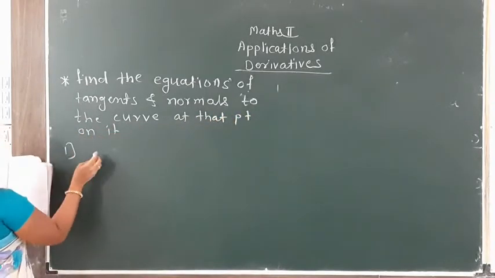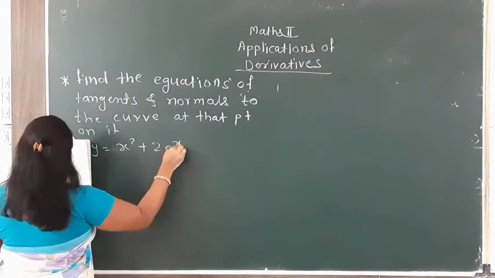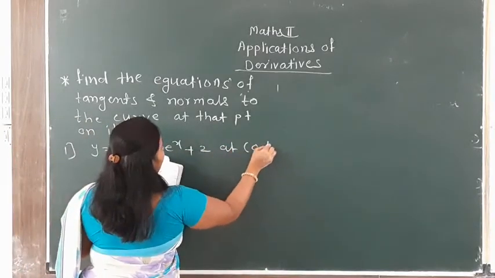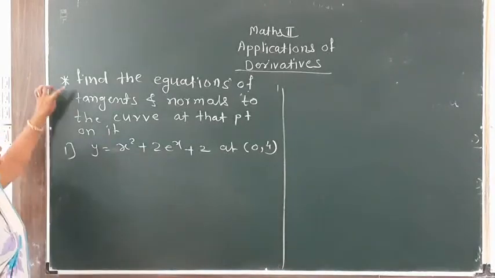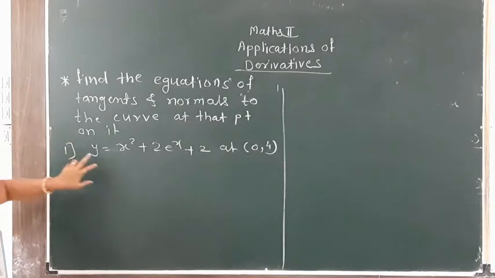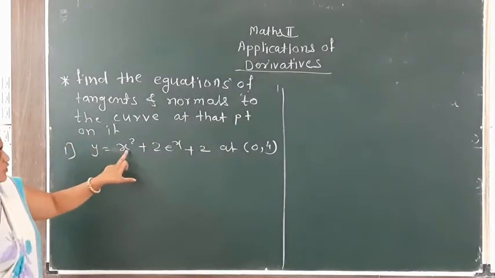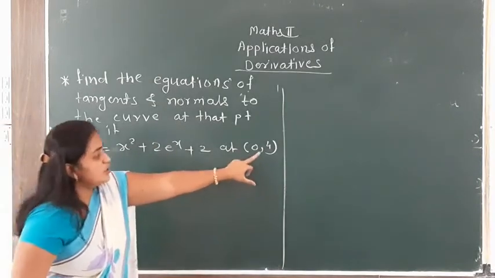My first example: y is equal to x square plus 2e raised to x plus 2 at the point 0, 4. So here, find the equation of tangent and normal to the curve. The curve equation is given: y is equal to x square plus 2e raised to x plus 2 at point 0, 4.